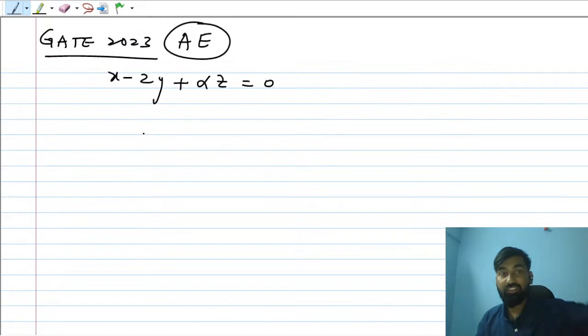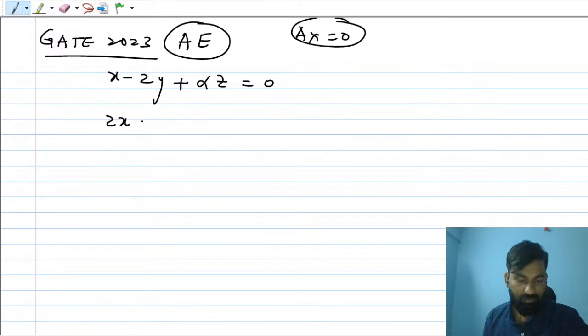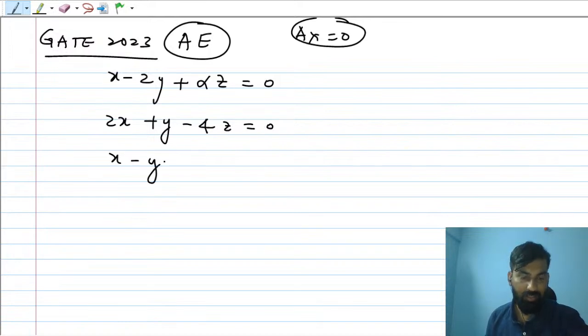This time they have given Ax equal to 0, a homogeneous system of linear equations. x minus 2y plus alpha z equal to 0, 2x plus y minus 4z equal to 0, and x minus y plus z equal to 0.